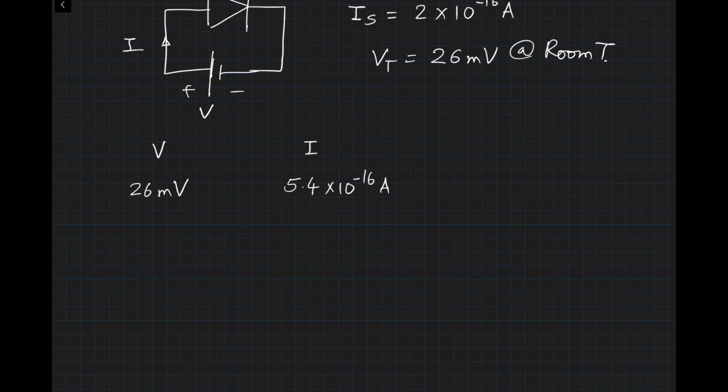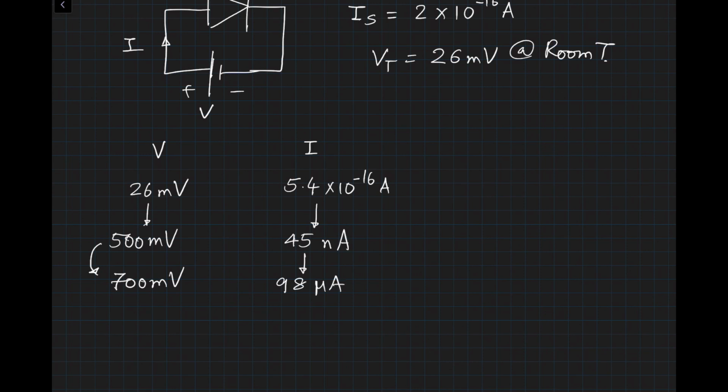It's so small, so tiny. If we change this value to, let's say, 500 millivolts, then still the current value is small. This will become 45 nanoamps, 10 to the power minus 9. Now, if I just went from 500 to 700 millivolts, then this current increases to 98 microamps.